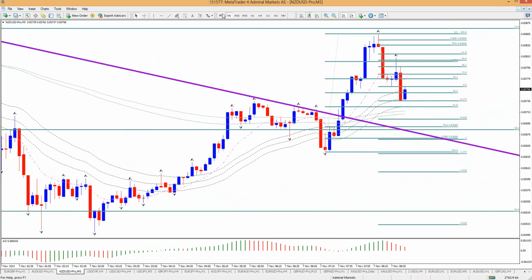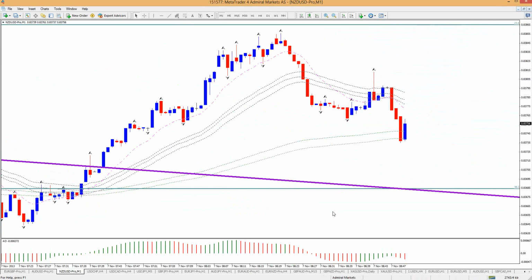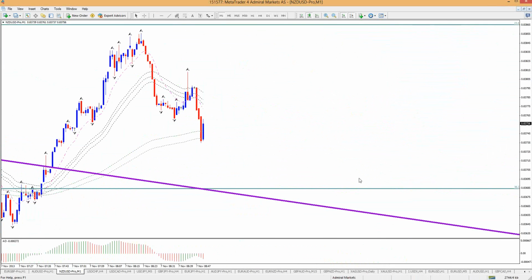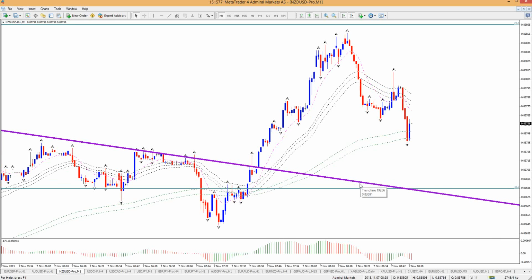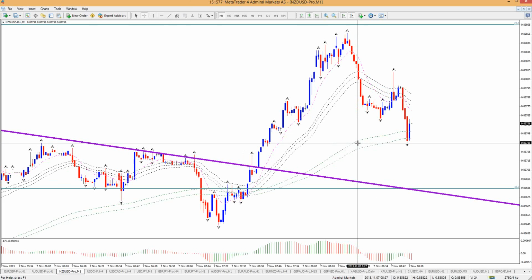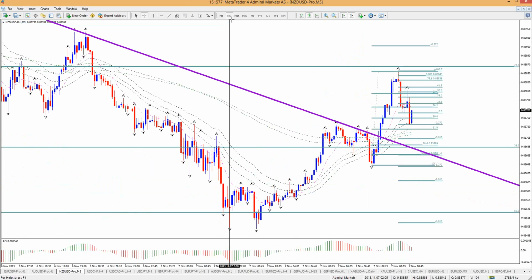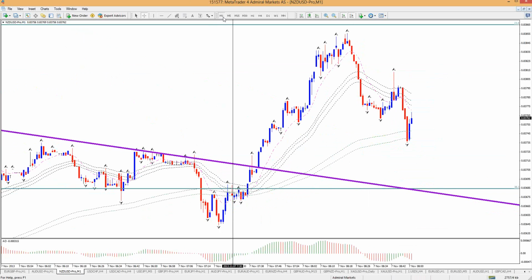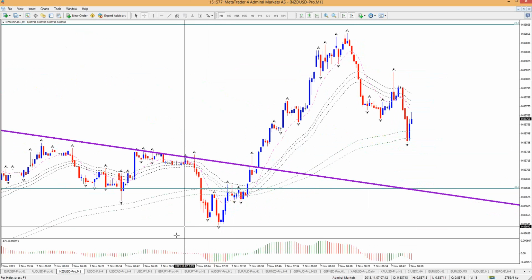Let's see. We can keep an eye on the 1 minute chart.